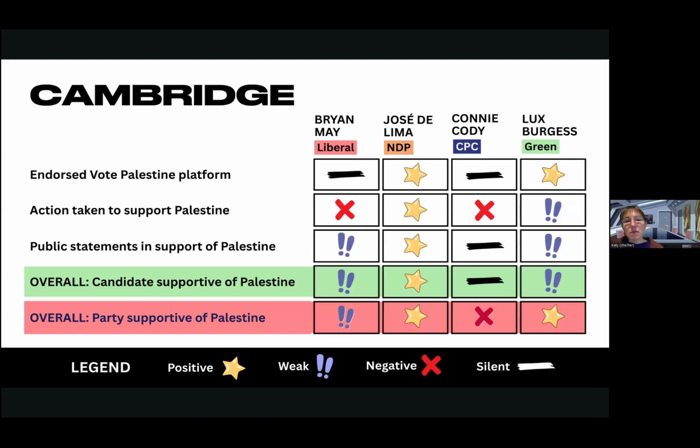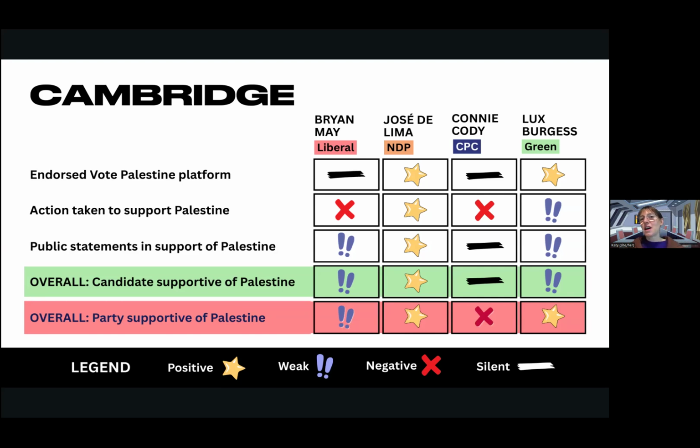You can see here that we reduced the legend that we use to between weak and moderate actions. And so we're just using positive, weak, negative, and silent. We're also thinking about candidates and incumbents in a slightly different way. We do expect more out of incumbents.